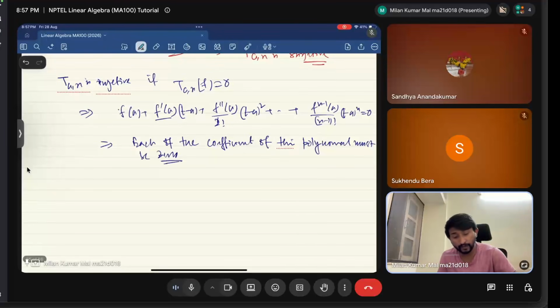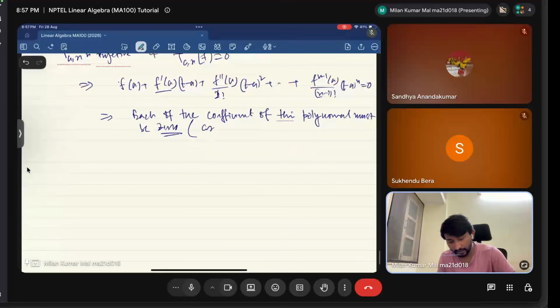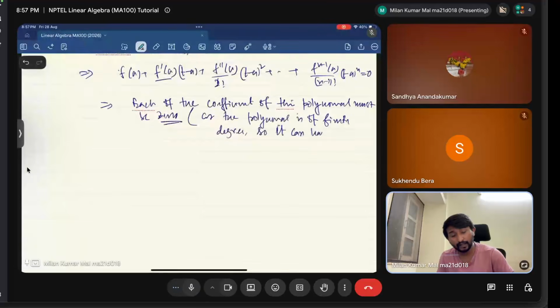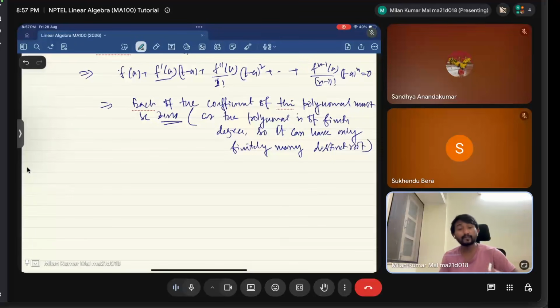Because the polynomial is of finite degree, it can have only finitely many distinct roots. But here the polynomial is 0, which means it is 0 for every point.